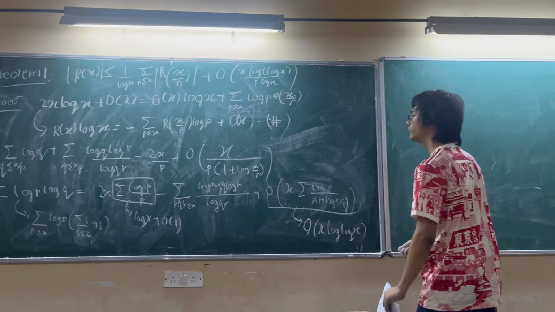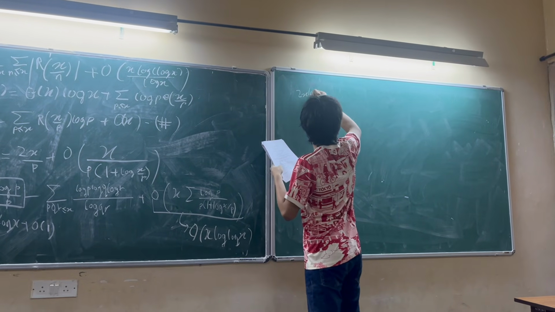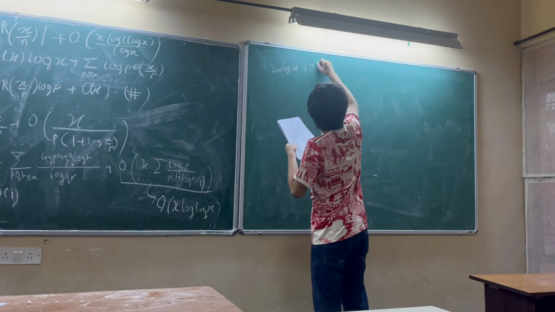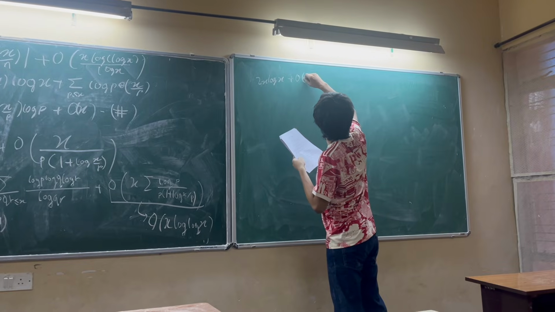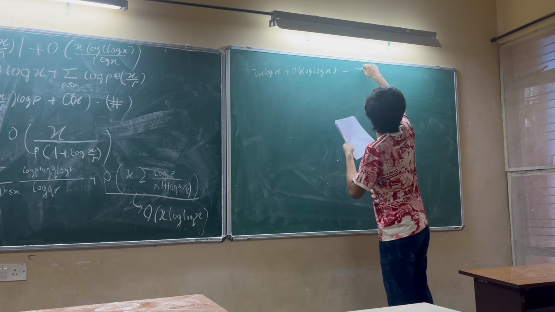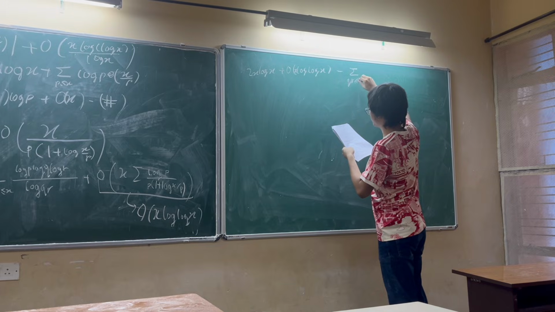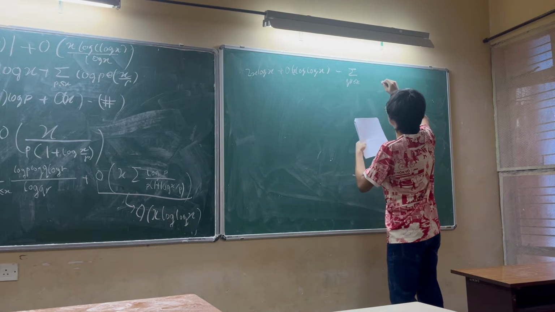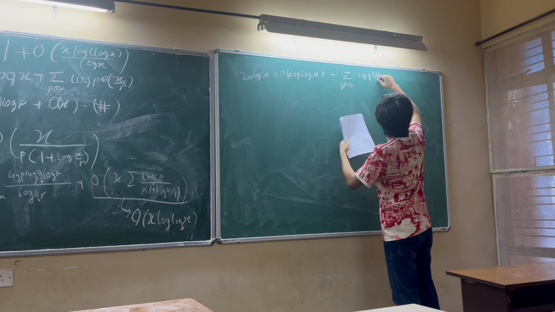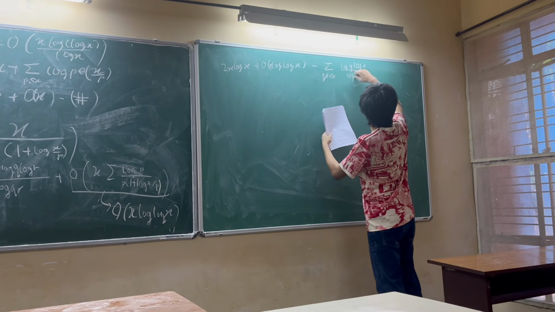So we have taken care of two terms and we have 2x log x plus something of the order of x log x minus summation qr less than or equal to x of log q log r by log qr.